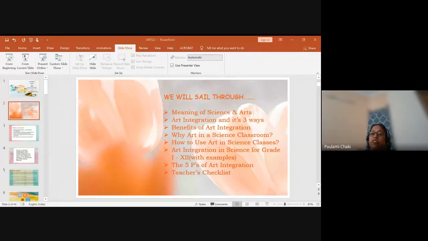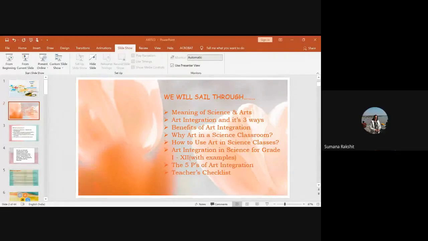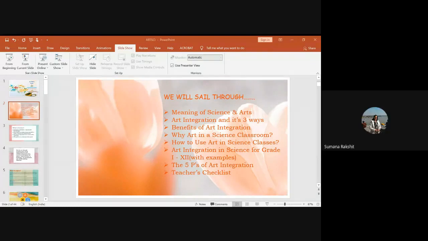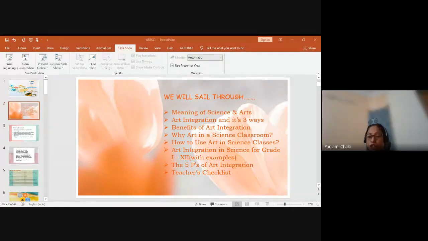Now, we will be going through why art in the science classroom, how to use art in science classes. These will be quick topics. I will not discuss much because we all know by this time what art is, how it has to be used, why it has to be used. So I will directly move on to art integration in science for grade 1 to 12.